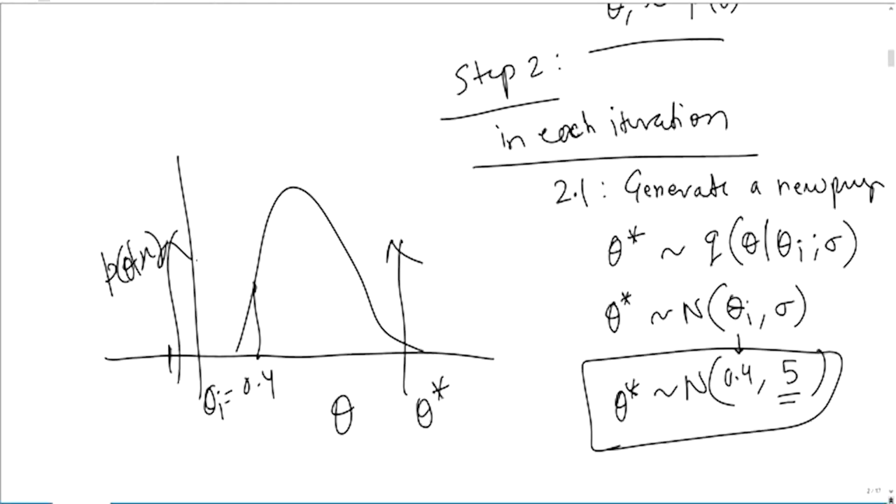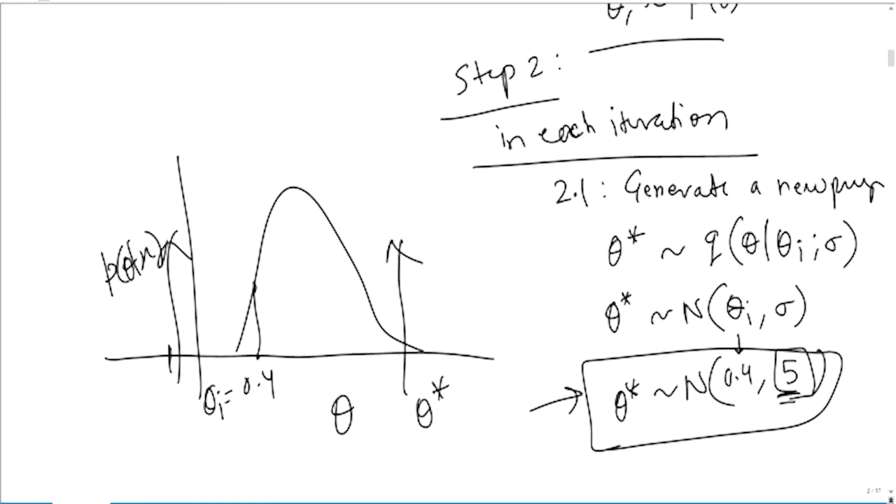If you keep generating from this proposal density, it becomes like another independent distribution. This proposal density is then not generating dependent proposals anymore. And when does this happen? When your standard deviation is too large.